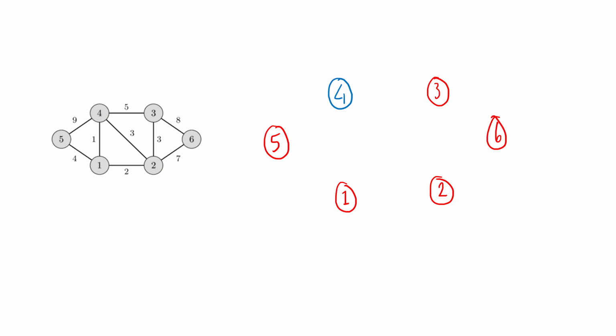Okay, so I've selected 4. Now what we do is at each iteration, we look at all the edges that connect the selected part, the blue part, to the red part in the original graph. Okay, now here, how many edges do you see in the graph that connect 4 to one of the red ones?